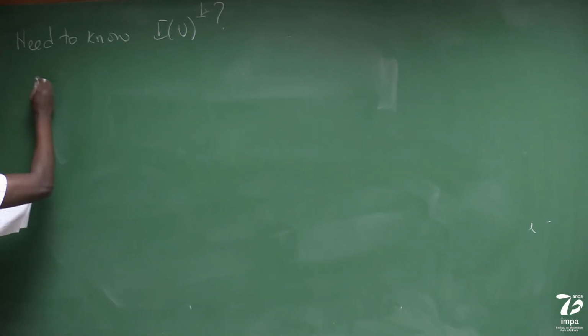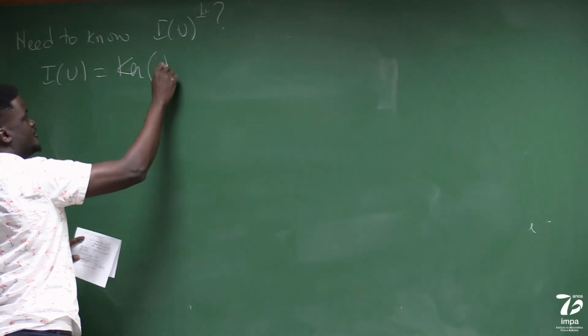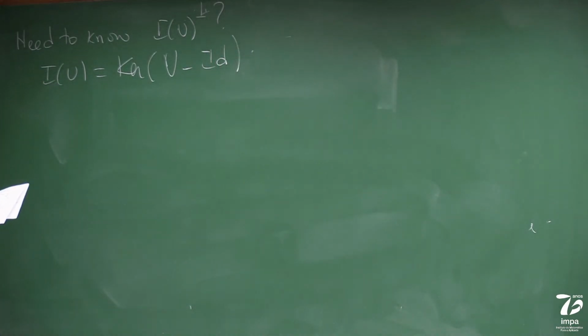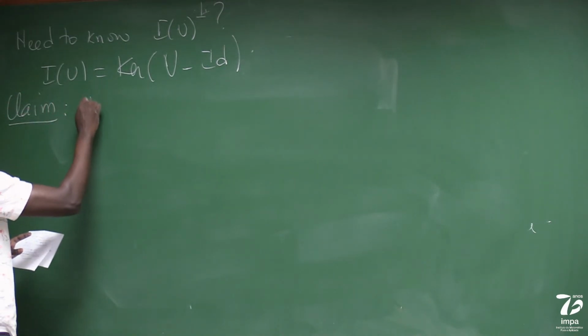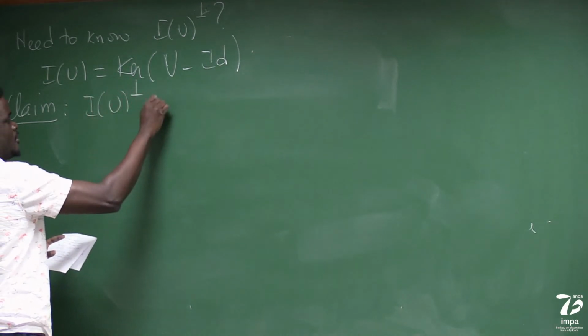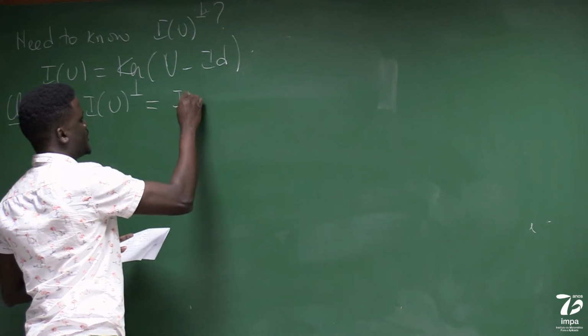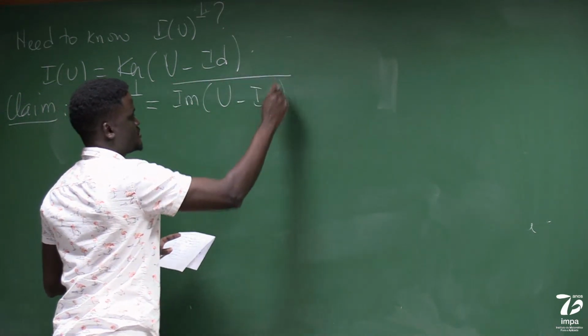Because remember that I_U is just the kernel of U minus identity. So our claim is that I_U orthogonal is the closure of the image of U minus identity. Closure.